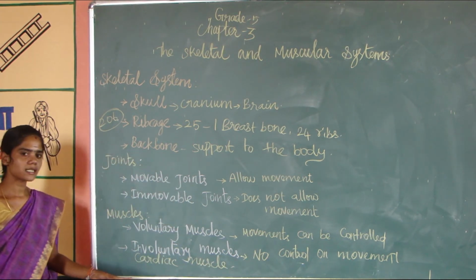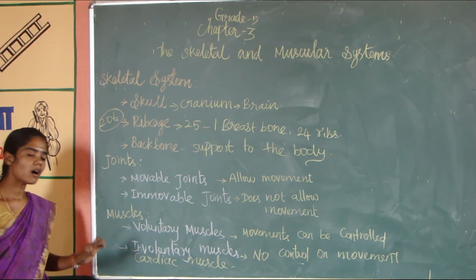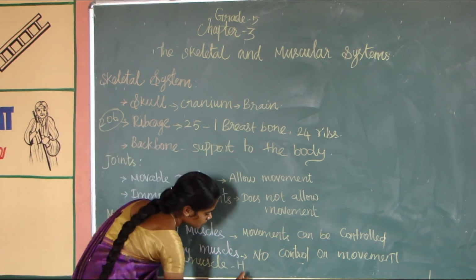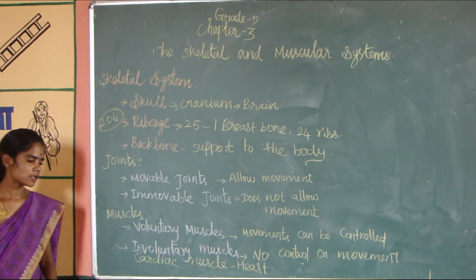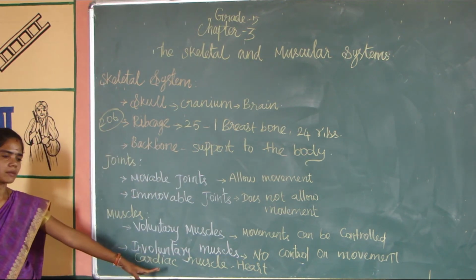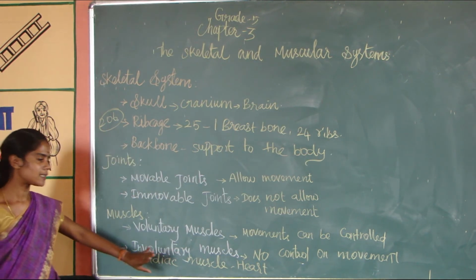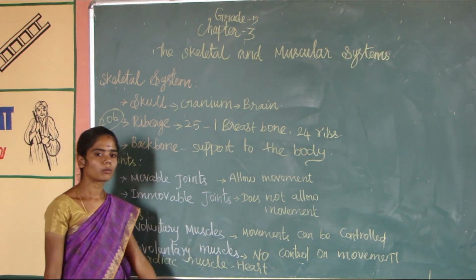The cardiac muscles are present only in the heart. The heart is covered with the help of cardiac muscles. It is an example of involuntary muscles. Why? Because we cannot control the movement.